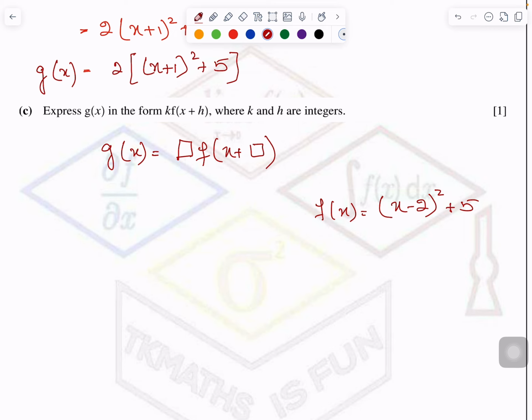So you need to understand very clearly that I have to change function g, right? And function g is what? I'm writing it here again: 2, then it will be (x plus 1) whole square plus 5. Now what should come in place of x so that it becomes this?